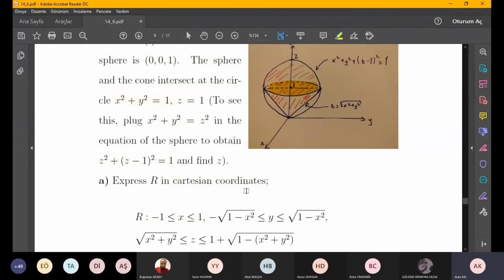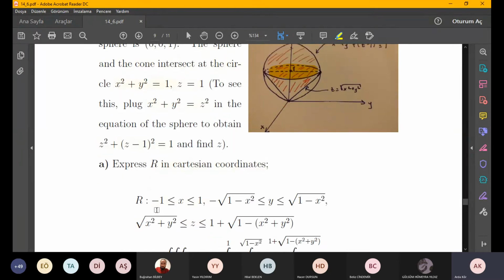So minus 1 is less than or equal to x, which is less than or equal to 1. The limits of integration for y, again by looking at the projection of the intersection, the lower limit will be minus square root of 1 minus x squared, and the upper limit will be square root of 1 minus x squared.